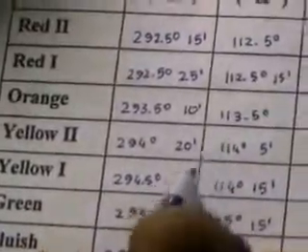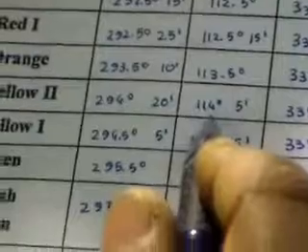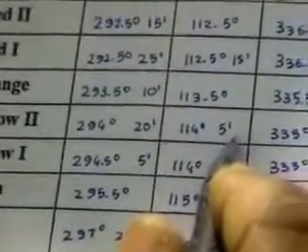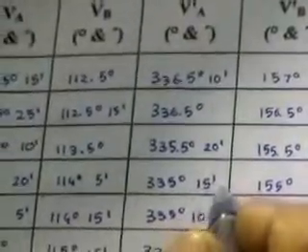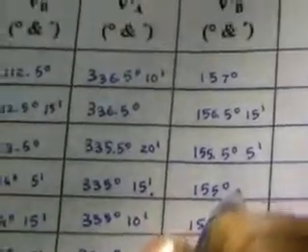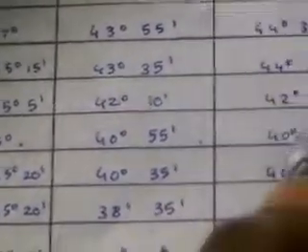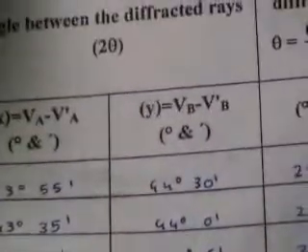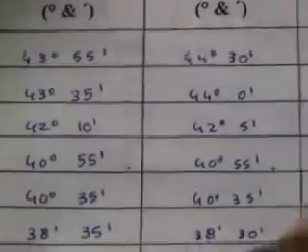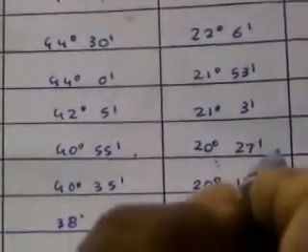We will simply take LO2 and LO1 as example. So for LO2 you can see 294 degrees 20 minutes and 114 degrees 5 minutes for the left-hand side, and 335 degrees 15 minutes and 155 degrees on the right. So 2 theta is calculated as 40 degrees 55 minutes for left as well as right, which means the angle of diffraction, as shown earlier, is 20 degrees 27 minutes.